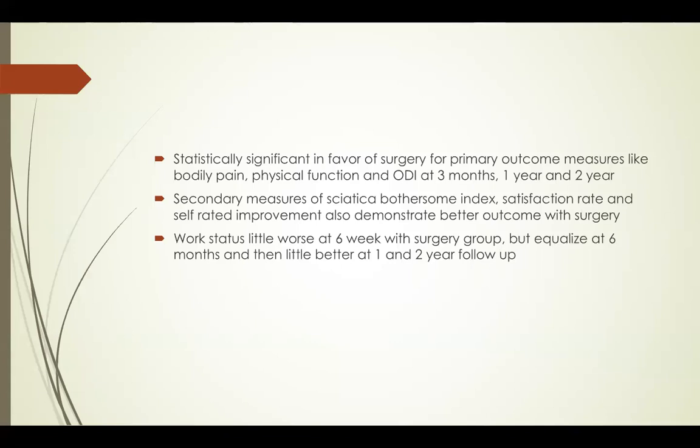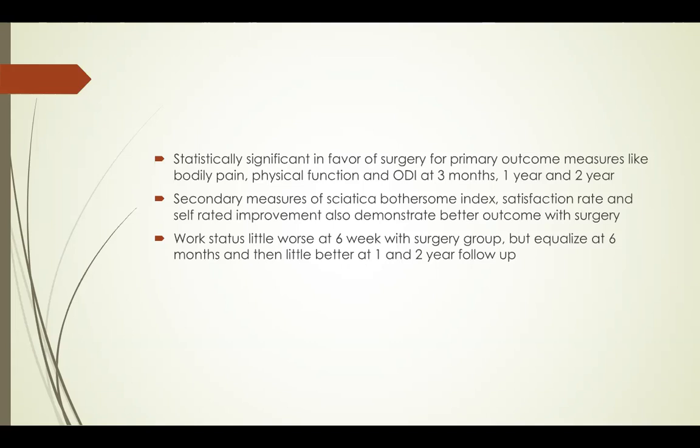The secondary measures are the sciatica bothersome index, satisfaction rate, and self-rated improvement in the patient. These are in all the SPORT trials. They have these primary measures and secondary measures.